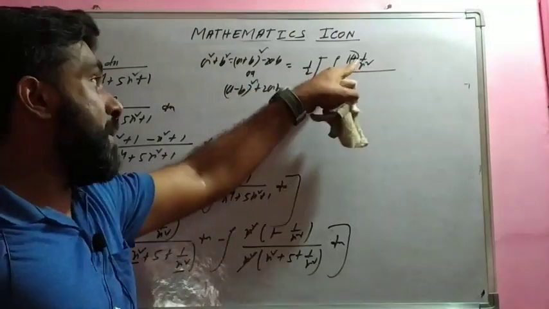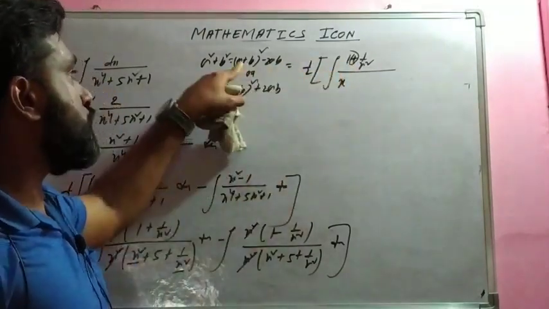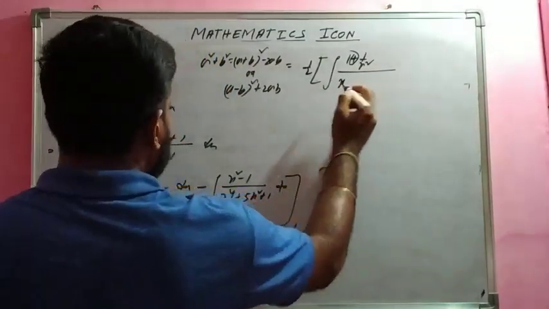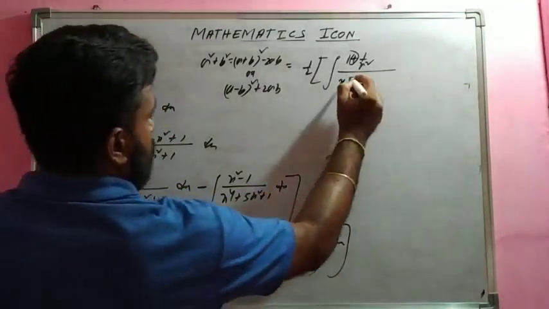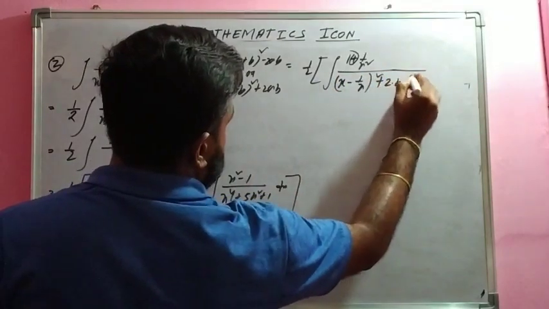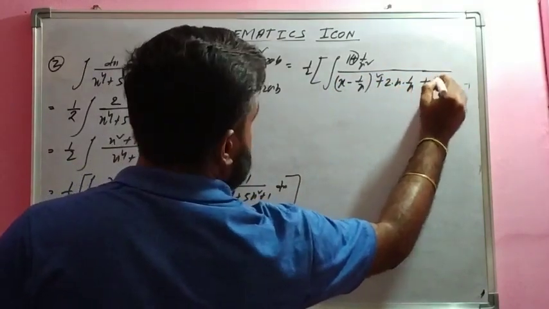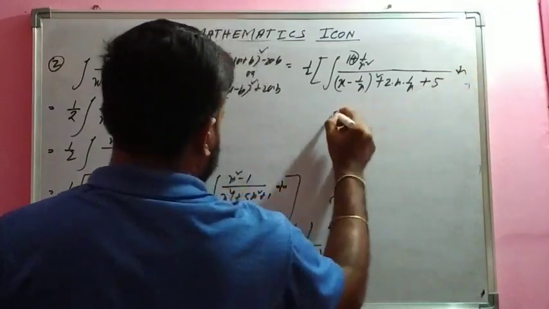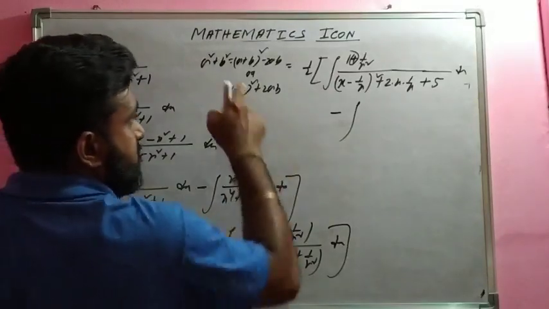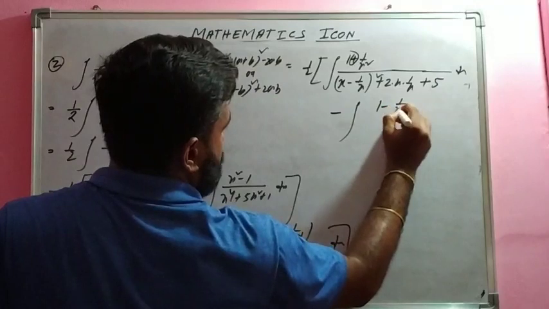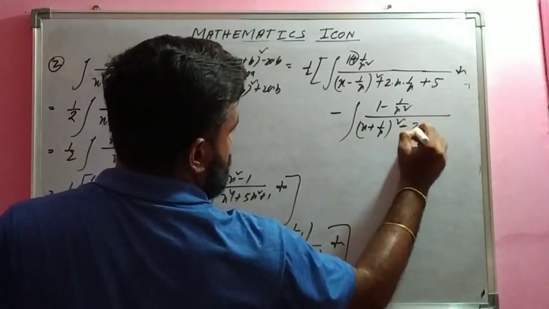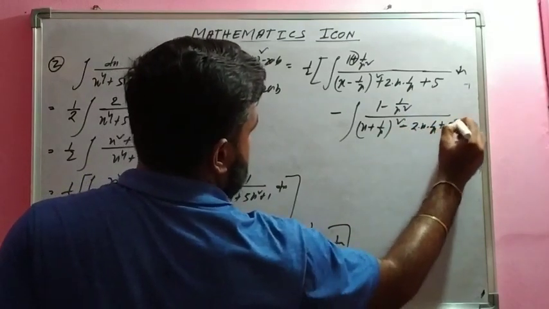And if you have the minus sign in the middle in the numerator, then you should use the formula where the plus sign in the middle is used. So in place of these two, we are using (x minus 1 by x) whole square plus 2 into x into 1 by x, plus 5, dx. And in the structure, with the minus sign in the middle in the numerator, this plus formula should be used. 1 minus 1 by x square, then (x plus 1 by x) whole square minus 2 into x into 1 by x, plus 5, dx.